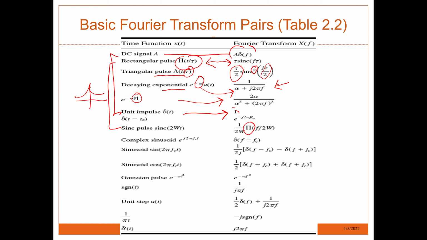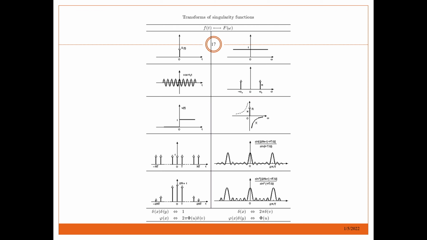And the rest of them we did not show in the example just now, but we can check using the formula. For a sine and cosine, usually we use the similar form, 1 over 2 e to the plus or minus j 2 pi fc t.